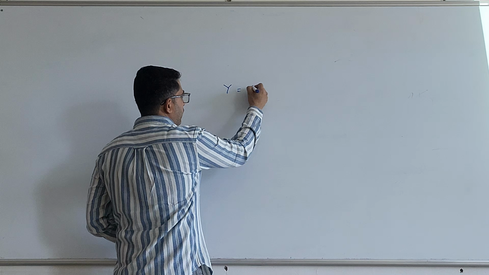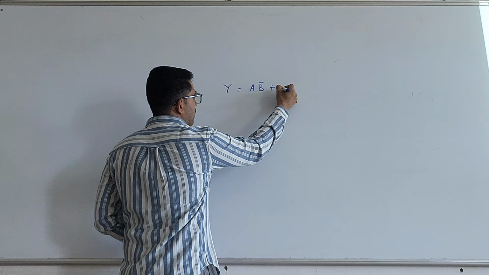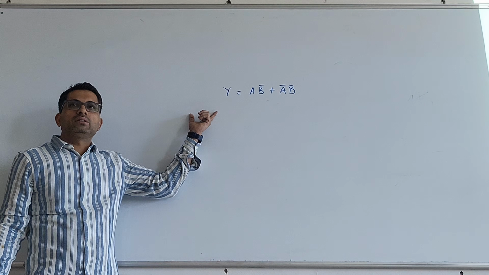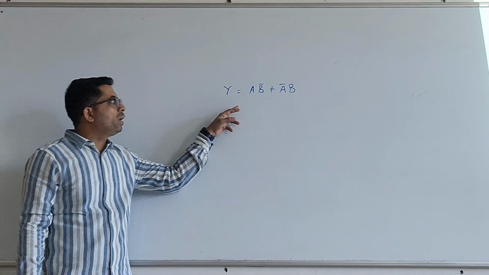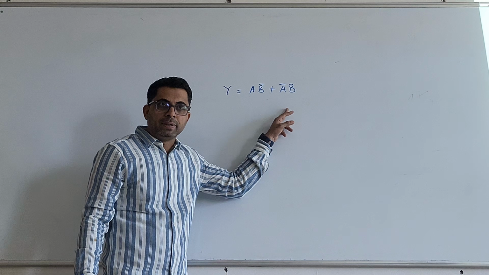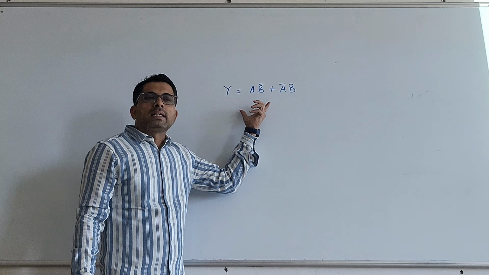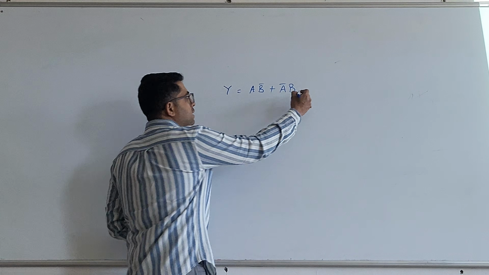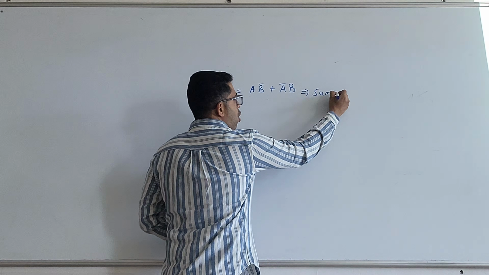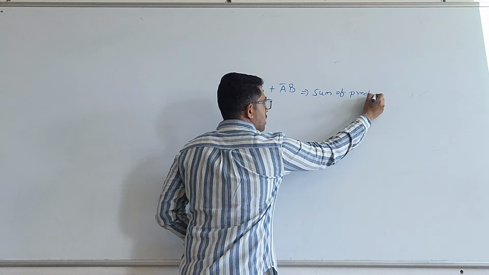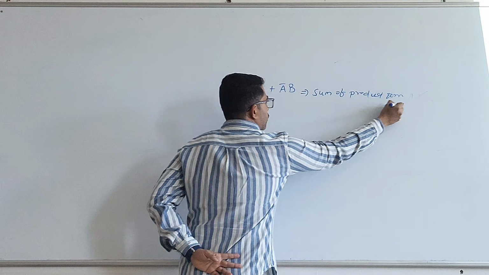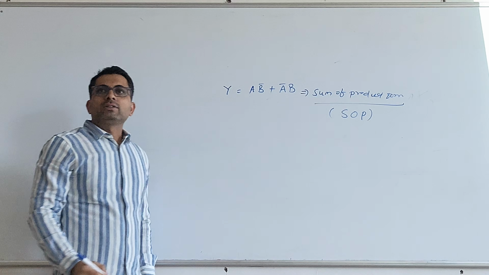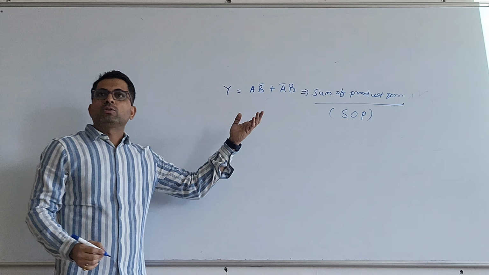If you have this equation in front of you, Y equals AB bar plus A bar B. Such a kind of Boolean expression representation is called a sum of product form, and shortly it is called SOP.